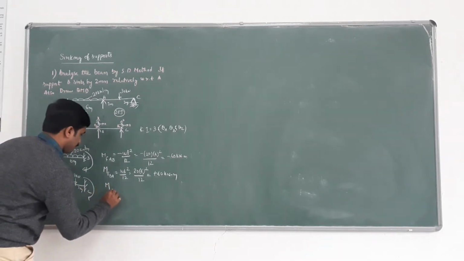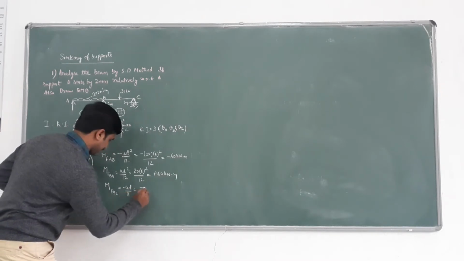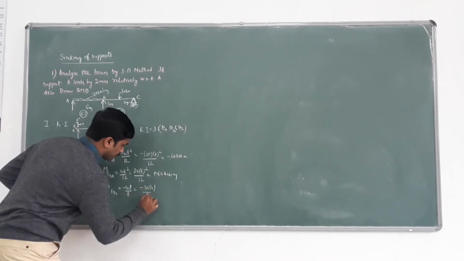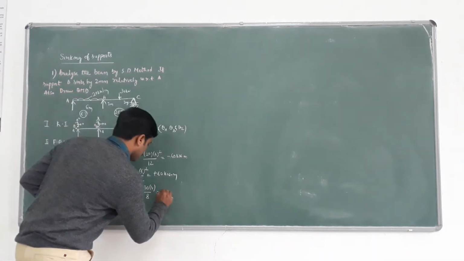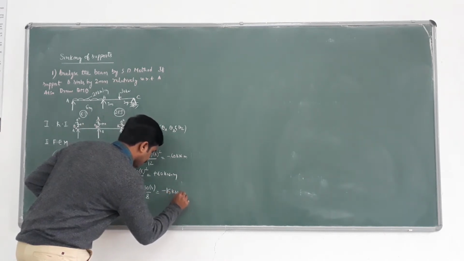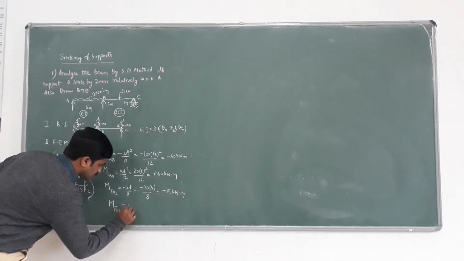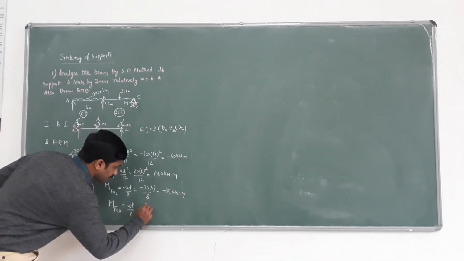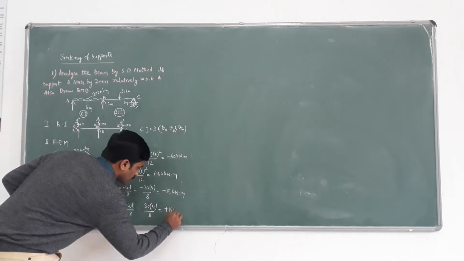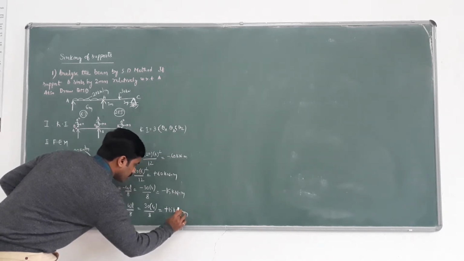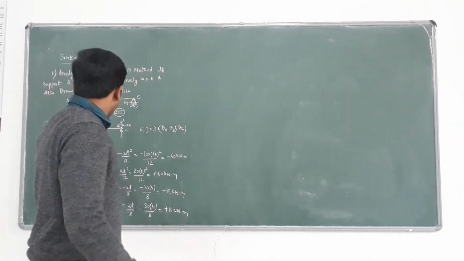Therefore, MFBC equals minus WL by 8, minus 30 into 4 divided by 8, which is minus 15 kilonewton meter. Similarly, MFCB equals plus WL by 8, which is plus 15 kilonewton meter.